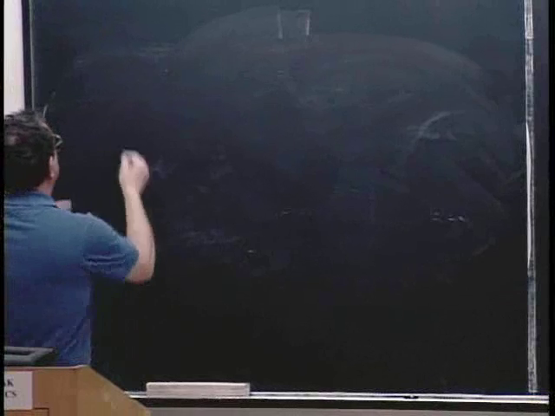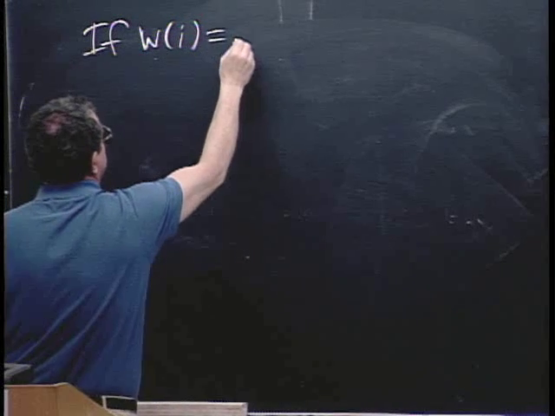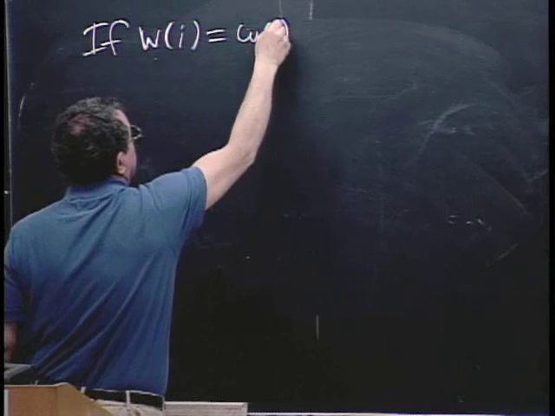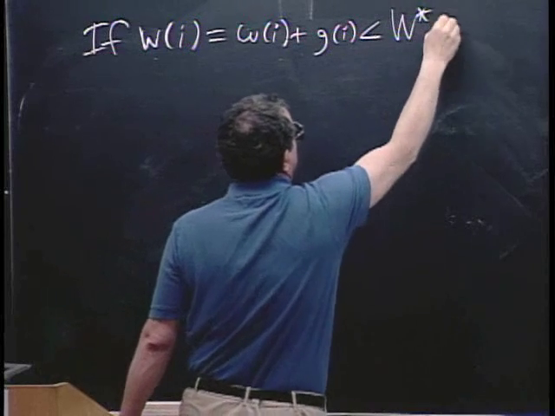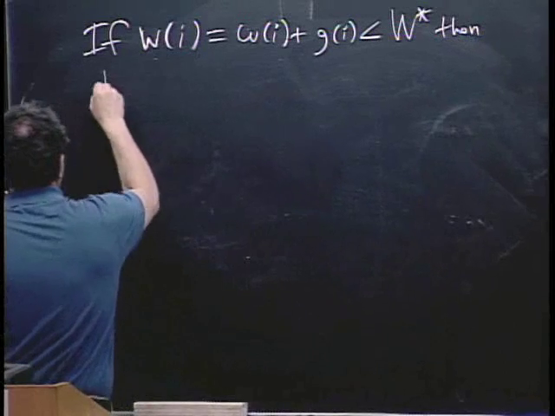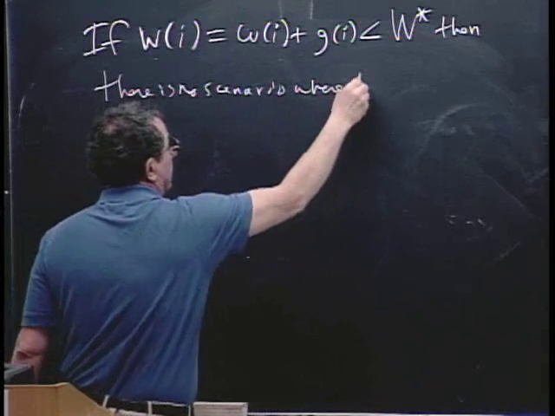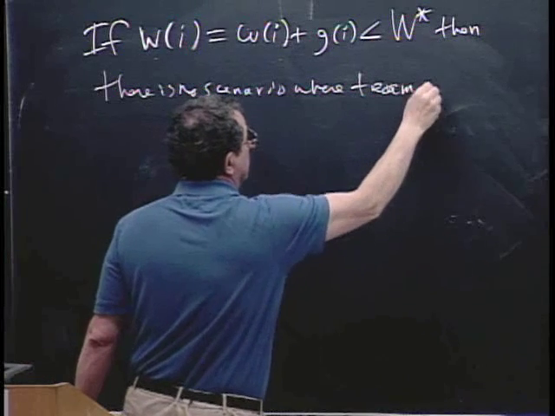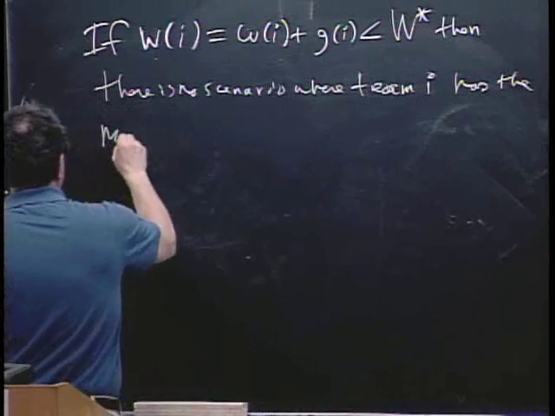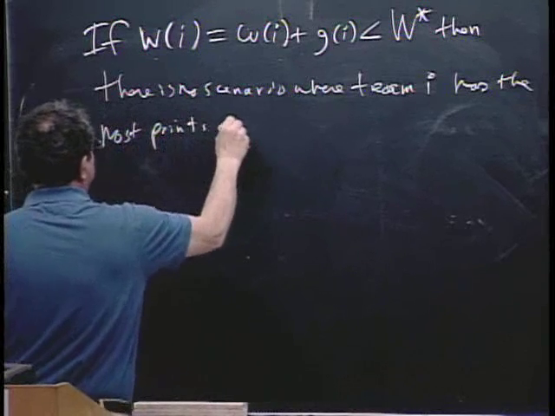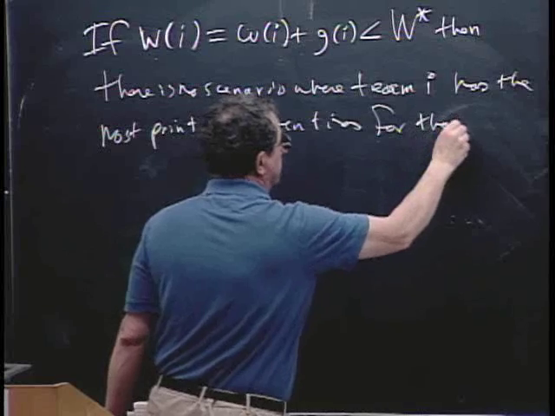Okay, so continuing the proof, if Wi, which after all was equal to little wi plus gi, is strictly less than W star, then there is no scenario where team I has the most points or even ties for the most points.